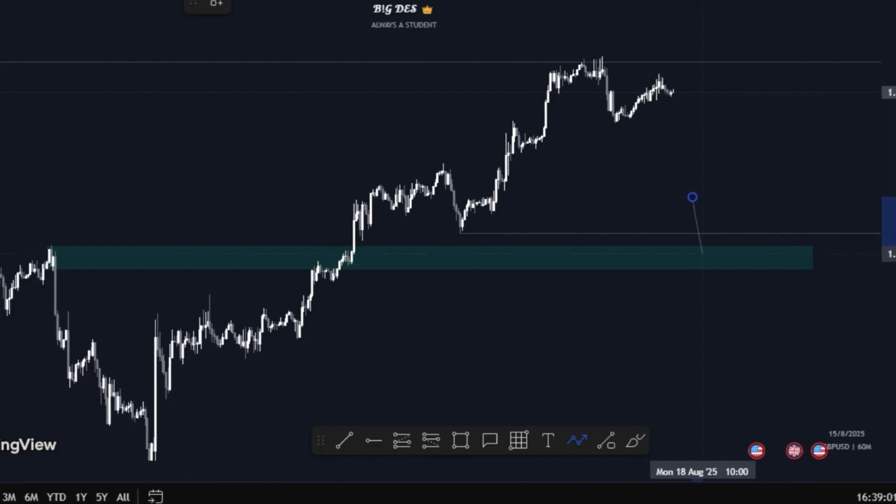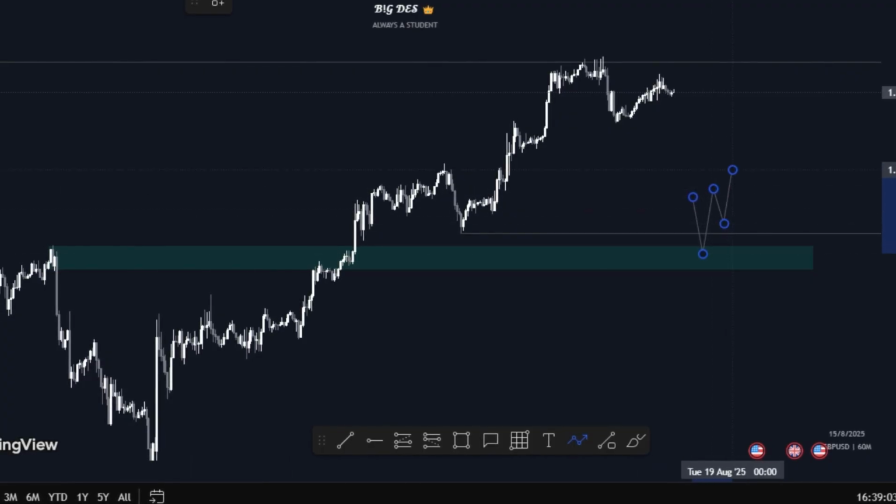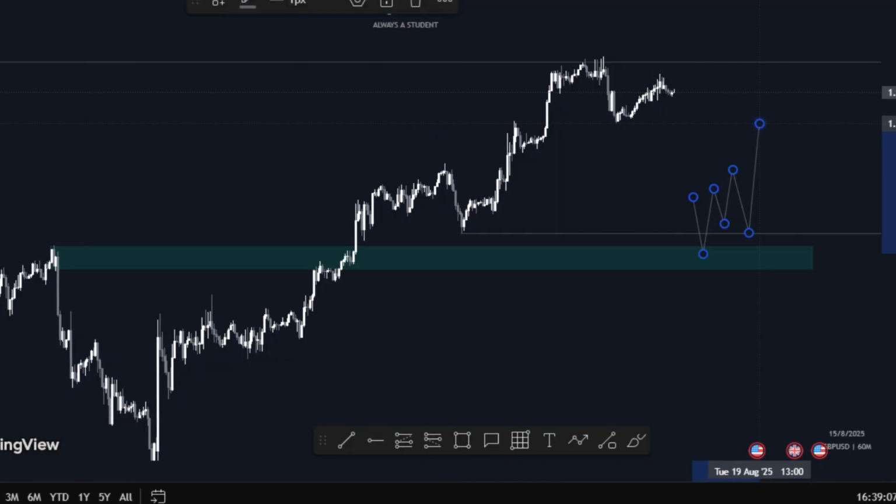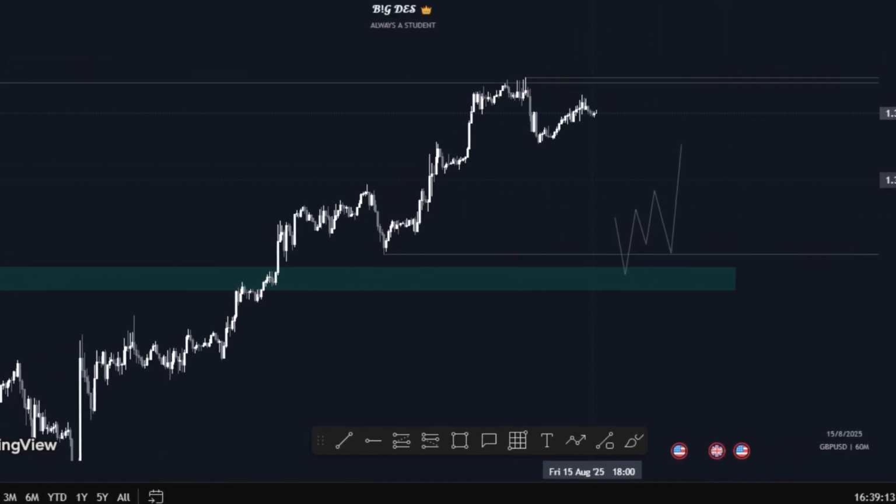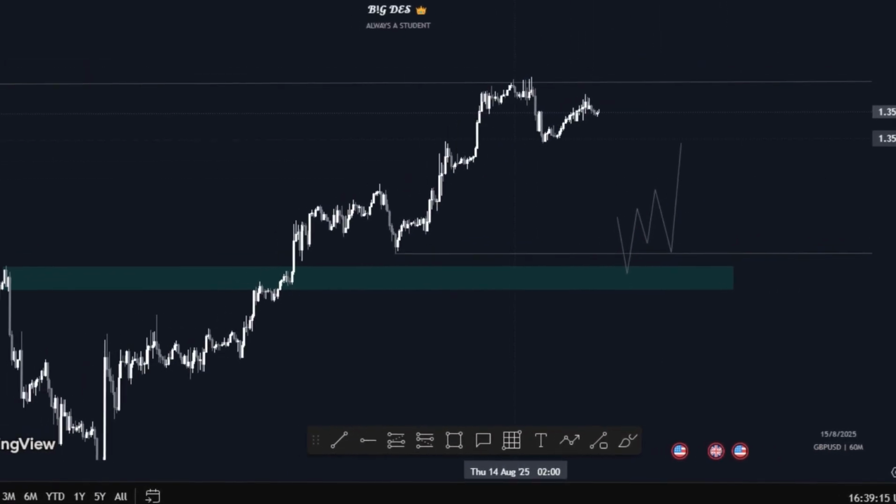So we take it out and then we look for buys. We just don't have to target above this high, because that would be unwise.